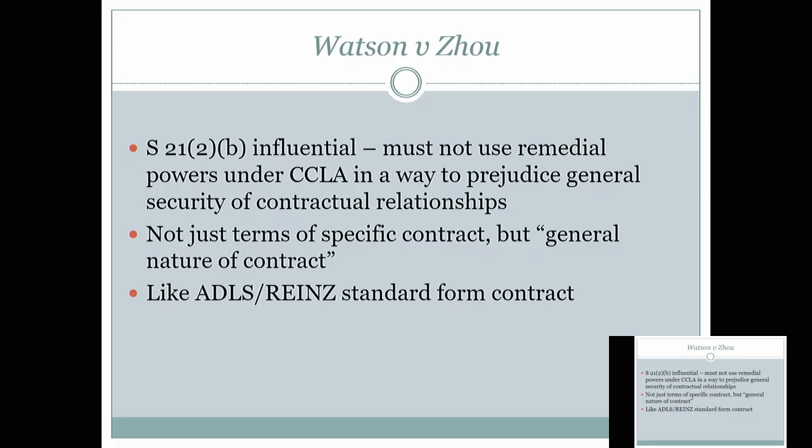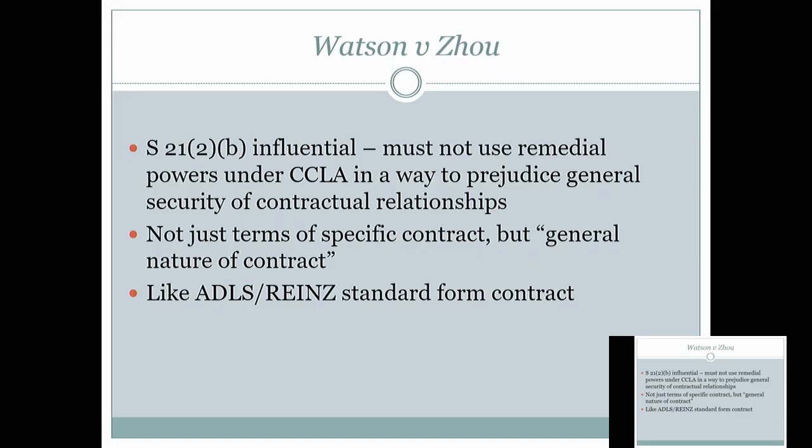The entire banking system relies on being able to place faith on the fact that these agreements are enforceable as they are written. They're the basis upon which banks lend money and are given mortgages.